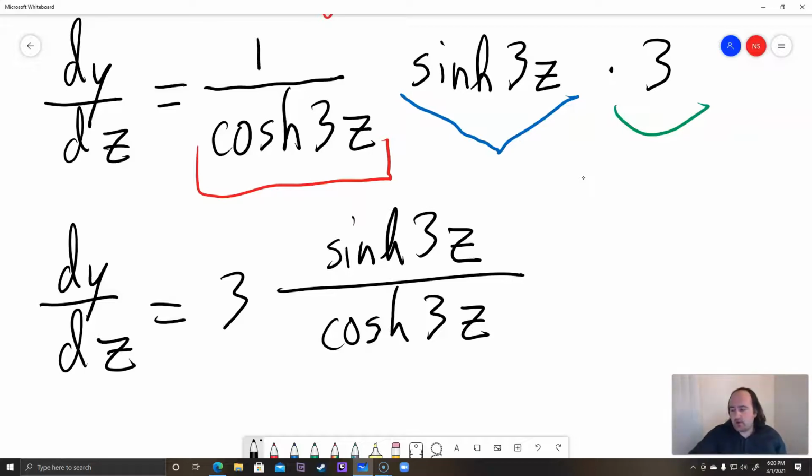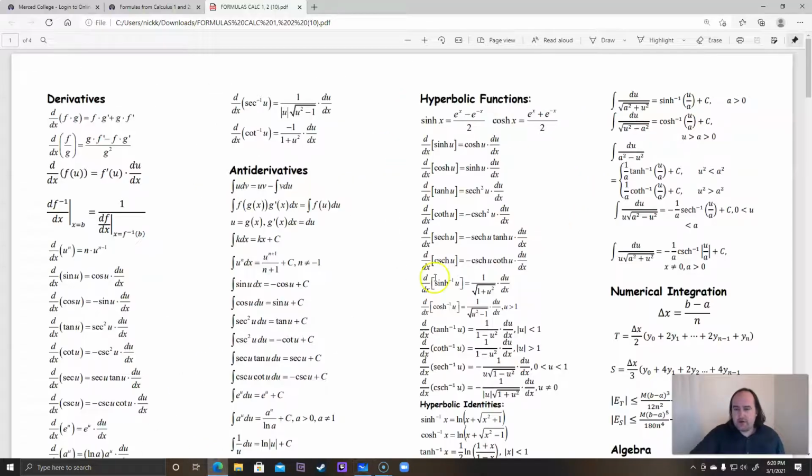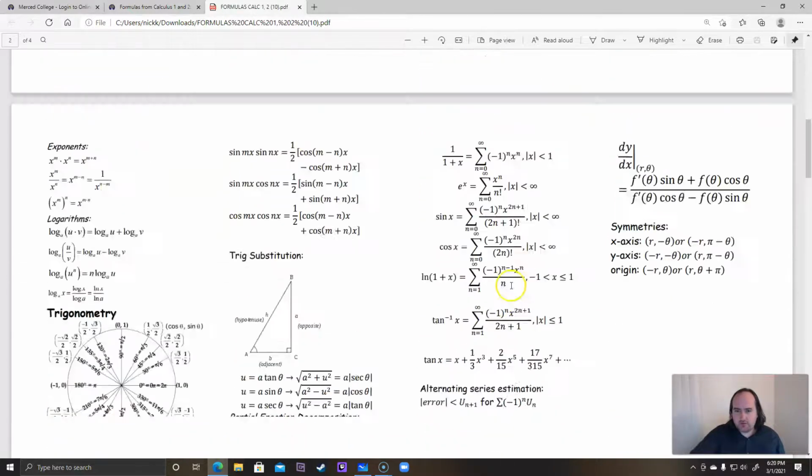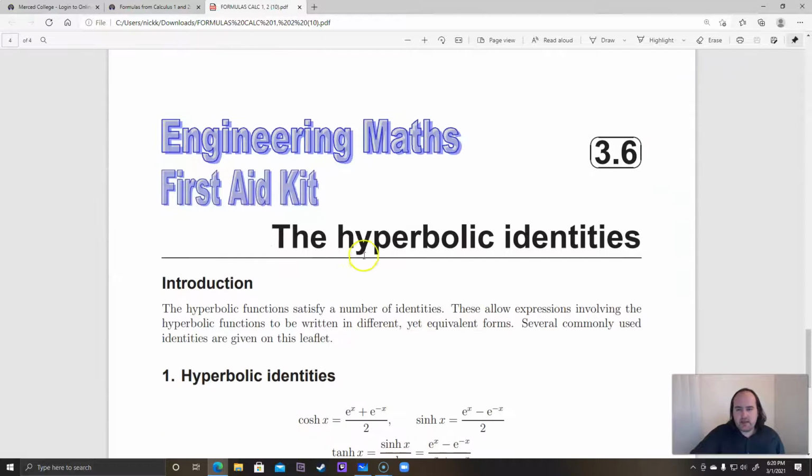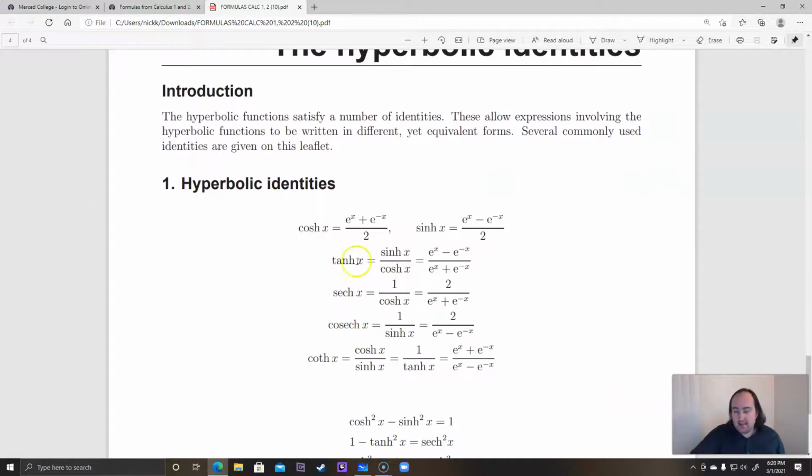And if you watch my earlier video where I talked about an introduction to trig functions, on your formula sheet, not on the first page, but actually if you go to the 4th page of your formula sheet, we have the hyperbolic identities. And tanh of x is actually sinh of x over cosh of x. So this sinh of x over cosh of x simplifies to tanh of x, just the same way as sine over cosine gives you tangent.